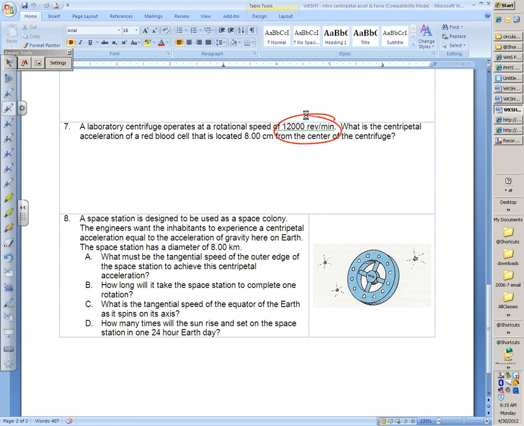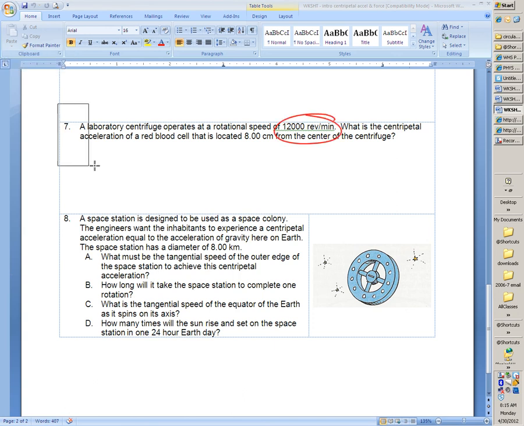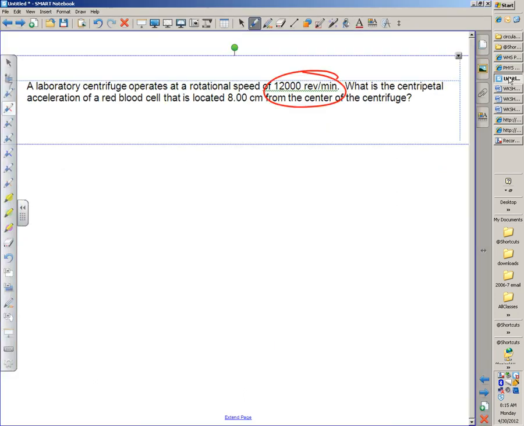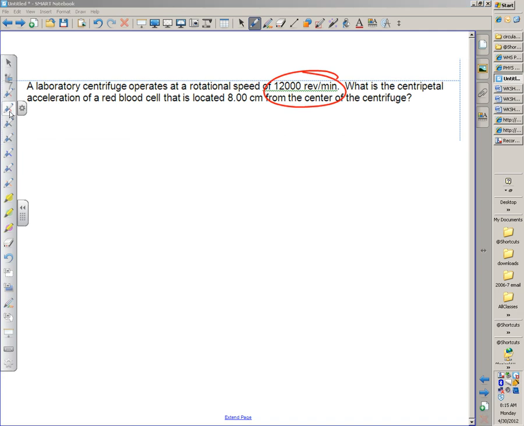Converting the minutes, well, hopefully, if you get a problem like this, that gives you a speed in revolutions per minute, start it off like this: 12,000 revolutions over 1 minute. And when we're all said and done, it's got to be in meters per second to give us the tangential velocity.